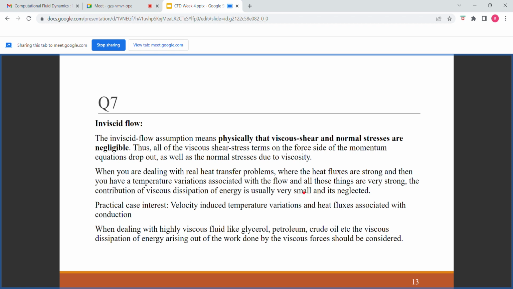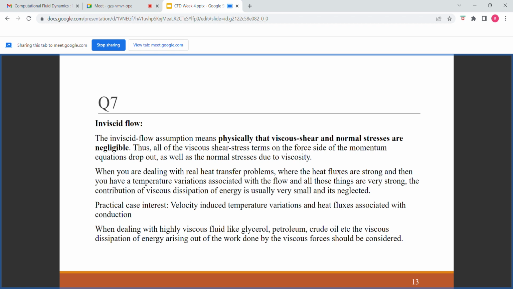So when temperature variation is associated with the flow and the heat fluxes are strong, viscous dissipation would be small and it would be neglected.